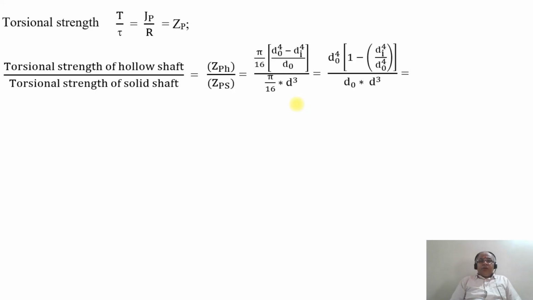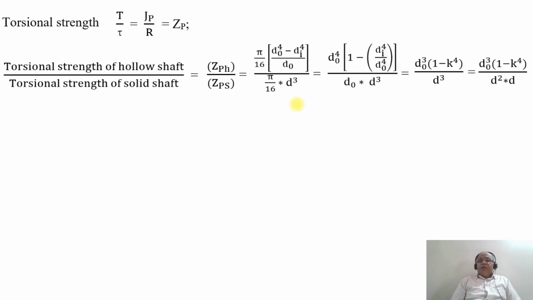Pi by 16 gets cancelled, and taking d naught to the power of 4 as the common factor, in the numerator we have 1 minus di by d naught whole to the power of 4, divided by d naught into d cube, where d naught comes to the denominator. So d naught to the power of 4 gets cancelled, and we get d naught cube into 1 minus k to the power of 4, where k is di by d naught, divided by d cube.